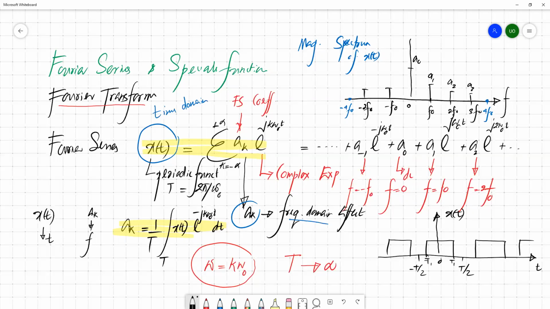So this is a periodic square pulse having a period of T. So what happens when this T goes to infinity? T is the period of the function. Can someone tell me, if the period of the function goes to infinity, what happens to this x(t)?